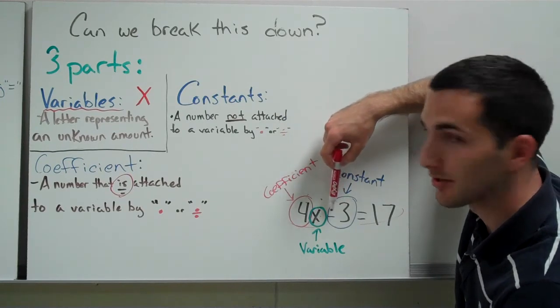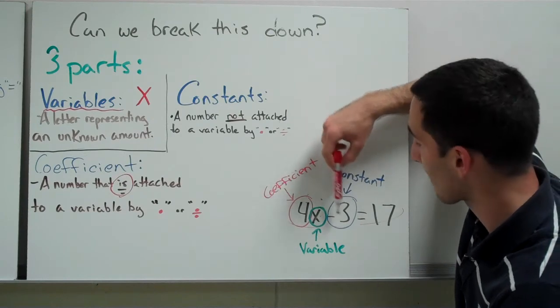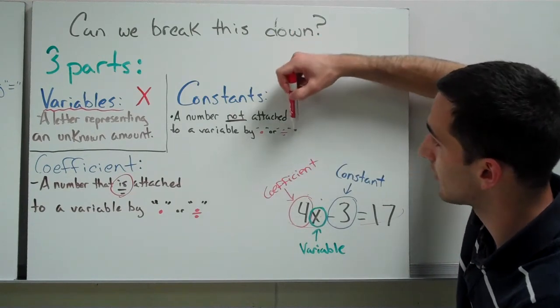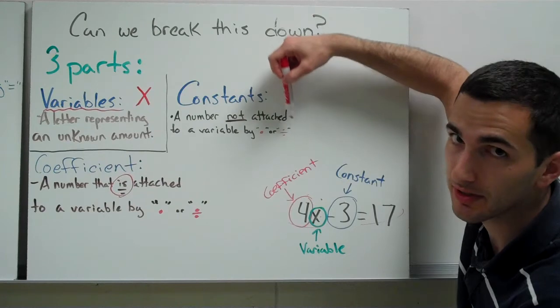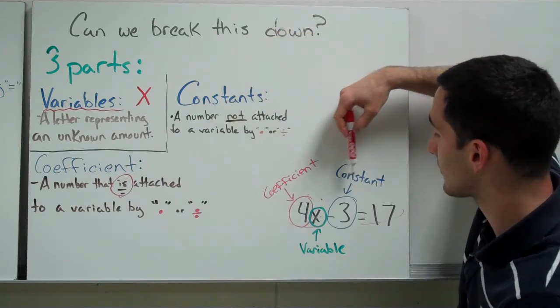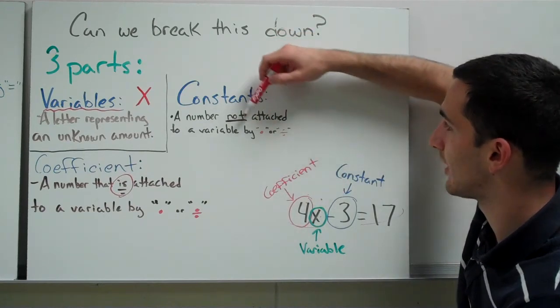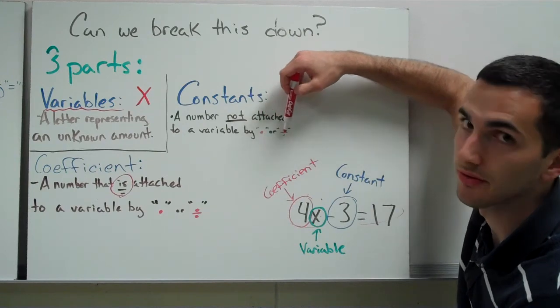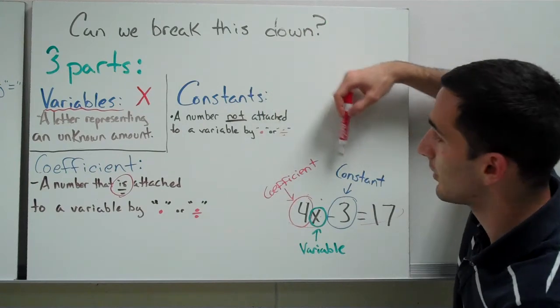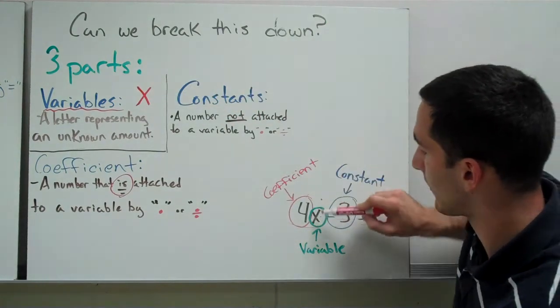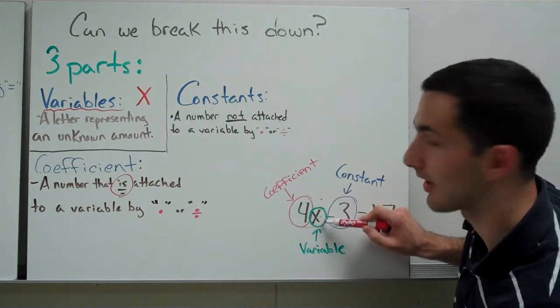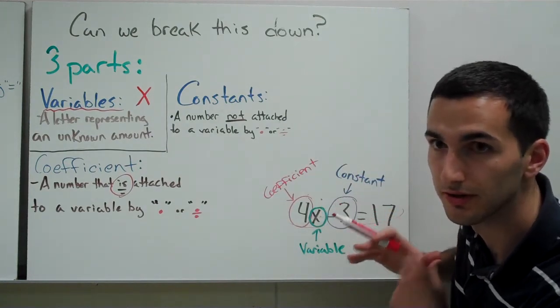It's over here without a multiplication or division sign around it. It does have subtraction, but we said subtraction doesn't matter, we're only looking at multiplication and division. So our constant is the 3 because it is not attached by multiplication or division. And we also have our variable, of course. Our variable is the x in the middle. That's kind of the centerpiece of our whole linear equation.